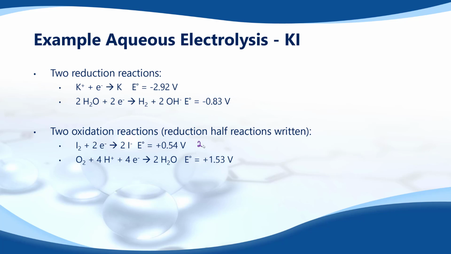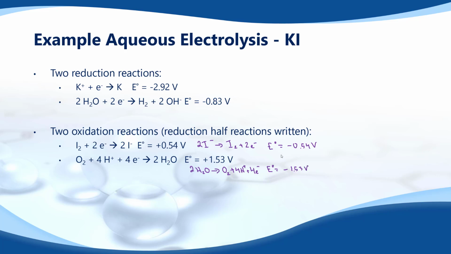All right, so here I'm going to have 2I- yields I2 plus 2e-, and E standard for this is negative 0.54. And then our water reaction down here, we have 2H2O forms O2 plus 4H+ plus 4e-, and E standard for this reaction is minus 1.53 volts.